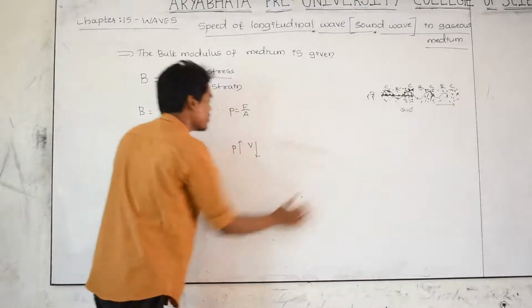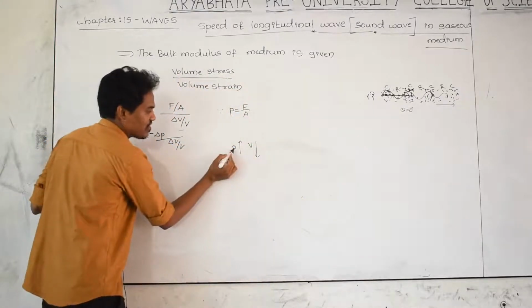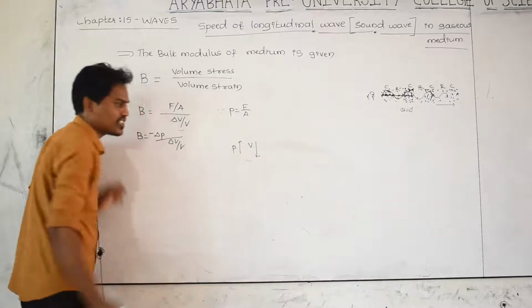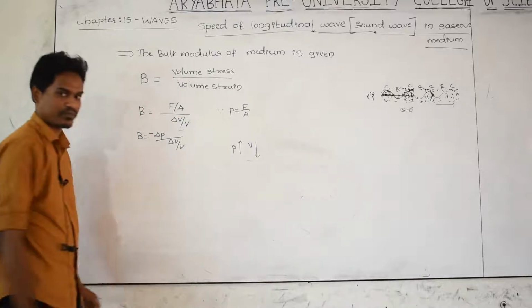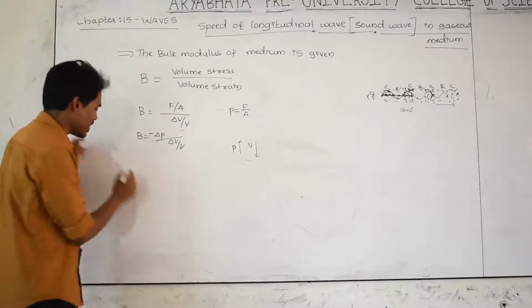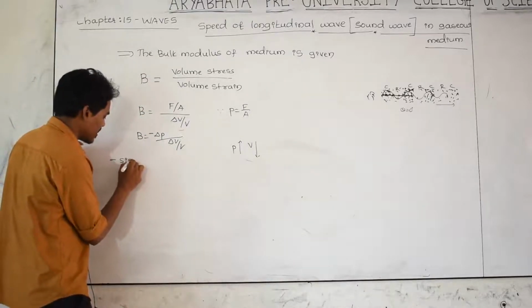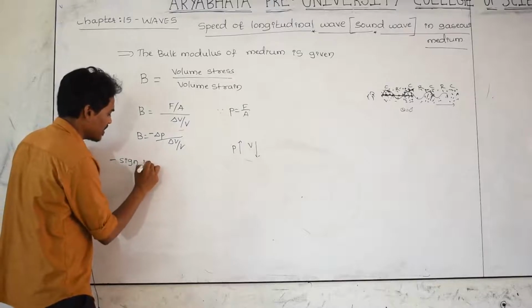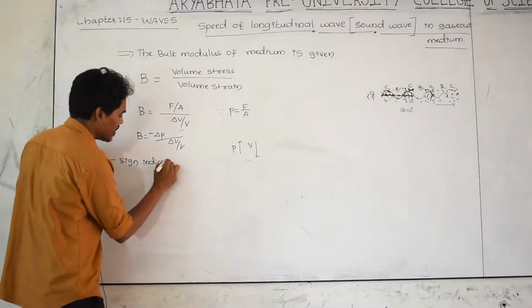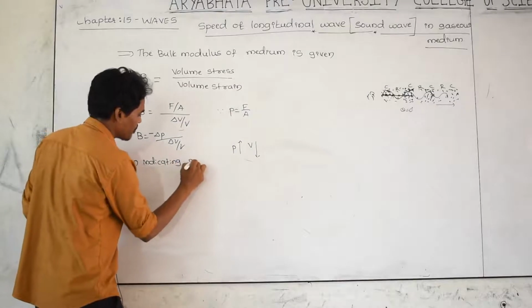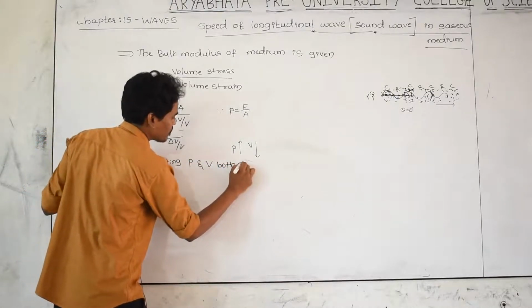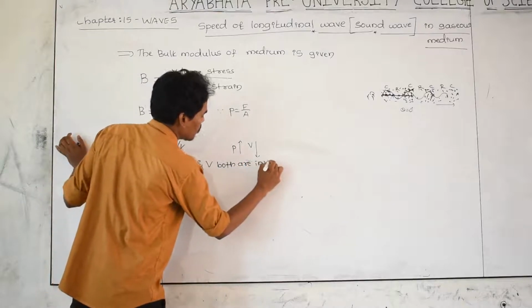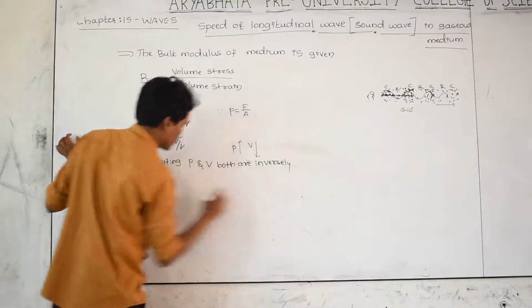That is inversely proportional. That's why I have taken the minus sign here. The minus sign indicates pressure P and V are both inversely proportional.